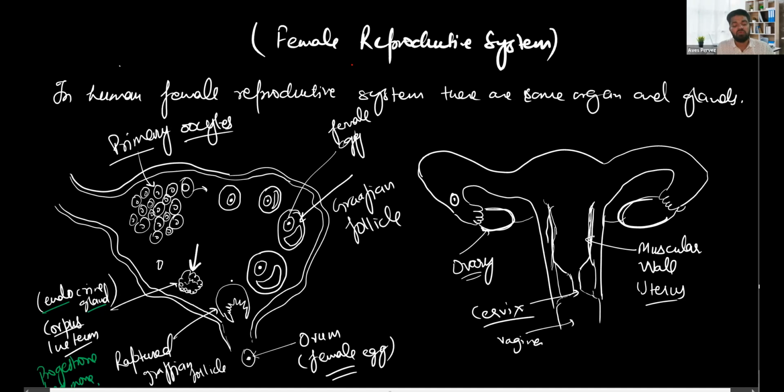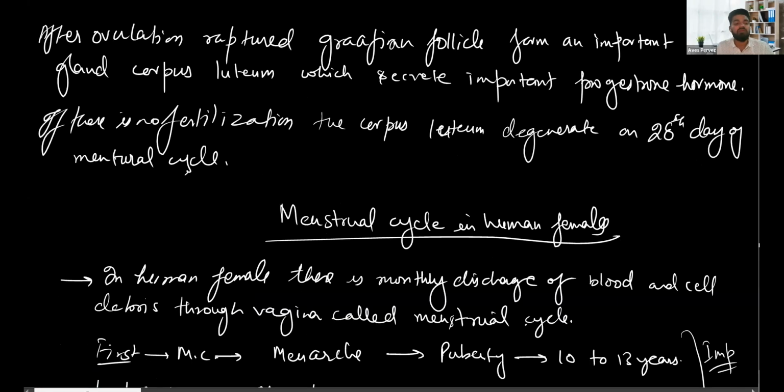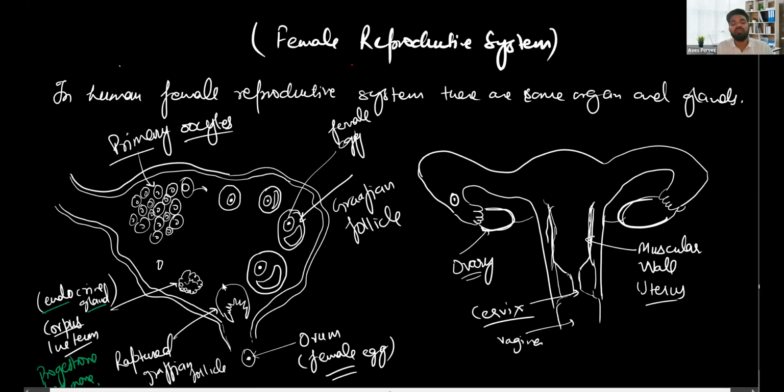So when ovulation takes place, the ovum is released, and the Graafian follicle forms an important gland. We call it the corpus luteum, which secretes progesterone hormone in females.